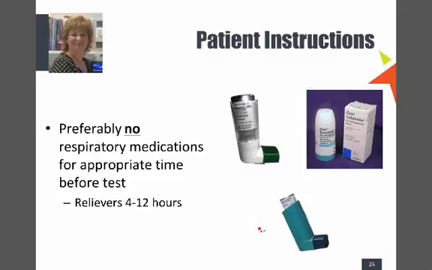So with your relievers, you've got your Ventolin, which is a sudden onset, so that works really quickly, lasts for about 4 hours. Your Atrovent, 20-minute onset, lasts about 6 to 8 hours, and your Oxys, which is another fast onset that lasts for 12 hours. But if you have the chance, you don't really want them having these drugs and medications before you do a spirometry to measure how wide their airways are. They're already going to be widened by those medications.